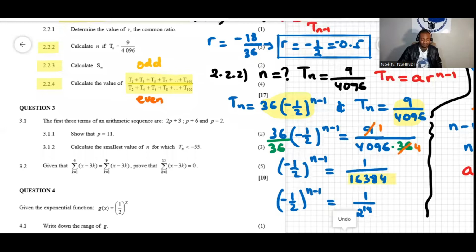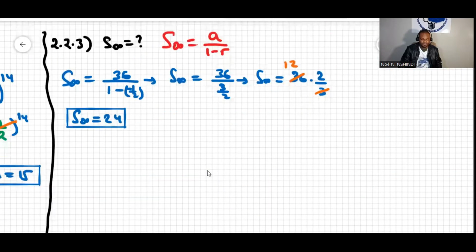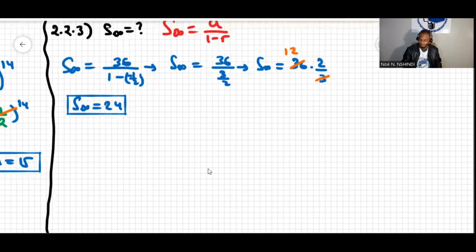Now you'll notice that we can just do the sum of the odd terms over the sum of the even terms. Okay, so I'm going to write the question here, 2.2.4.